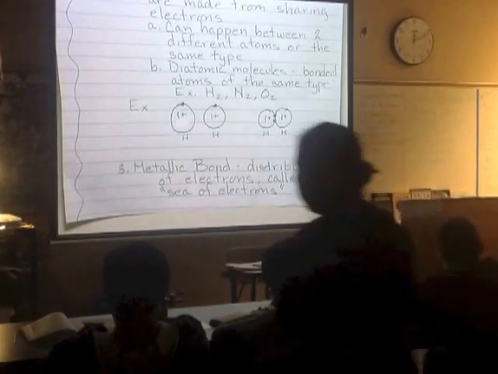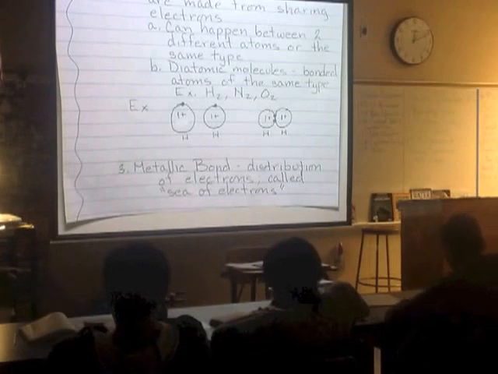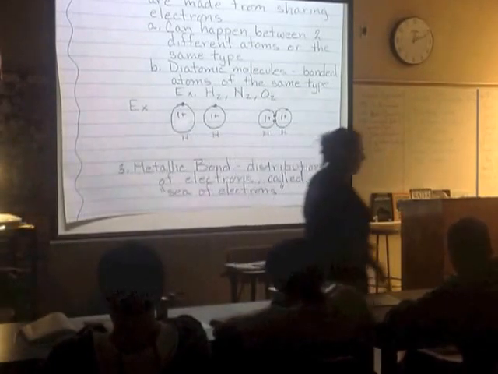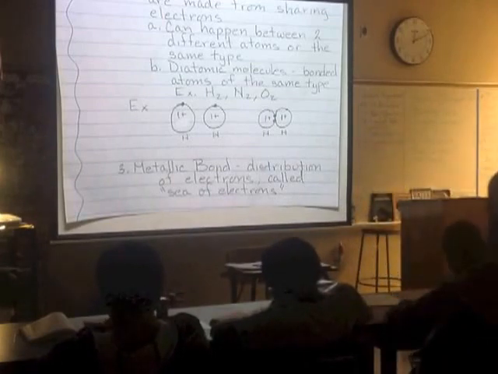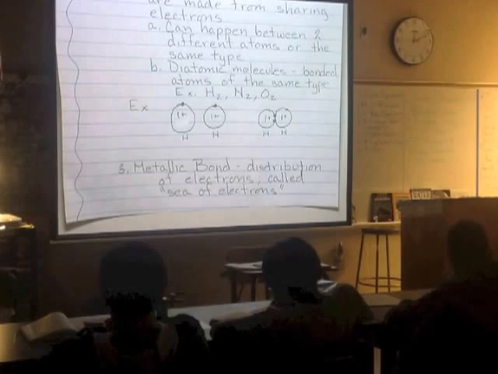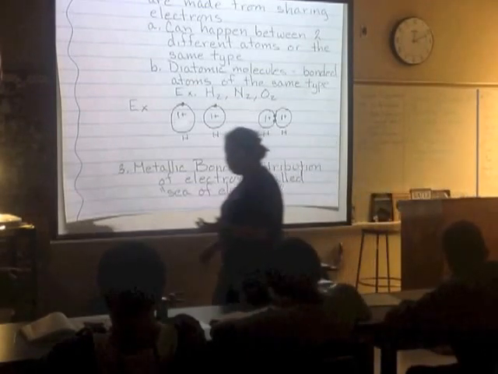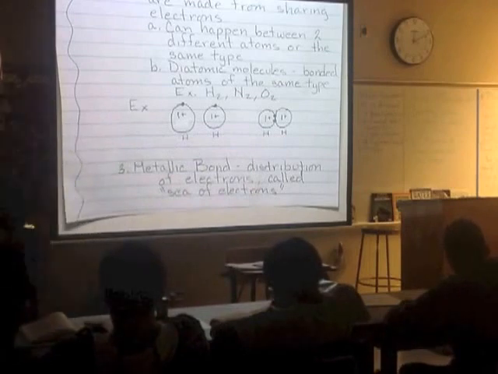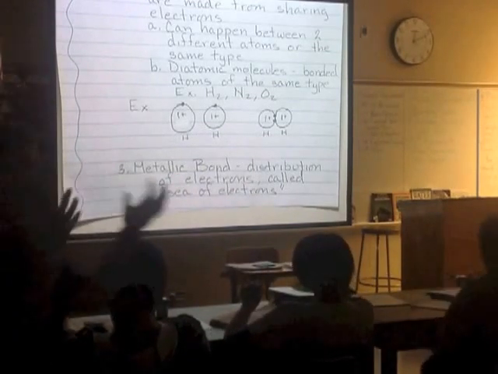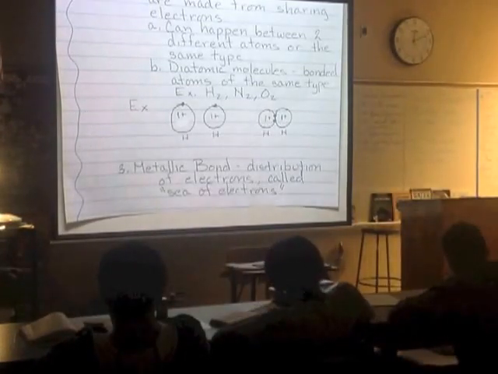Distribution basically means where the electrons are within that atom. Sometimes this metallic bond is called the sea of electrons, meaning the electrons are out there around the nucleus. When they come in contact with another element that has electrons outside the nucleus, because those electrons are in proximity, they call it theirs.